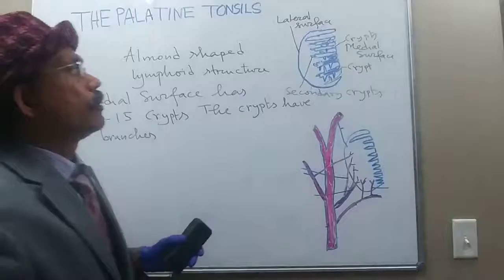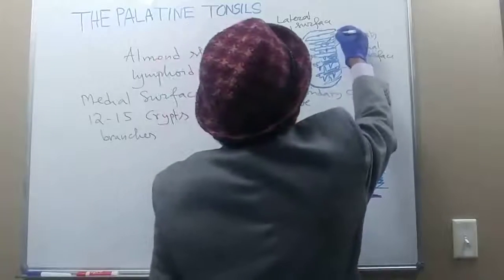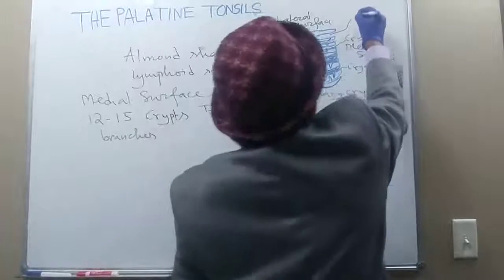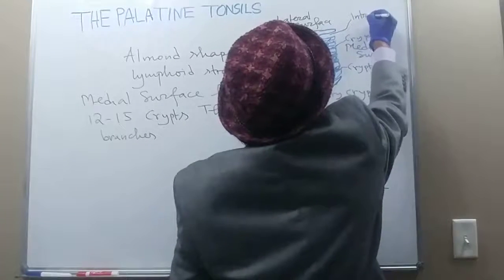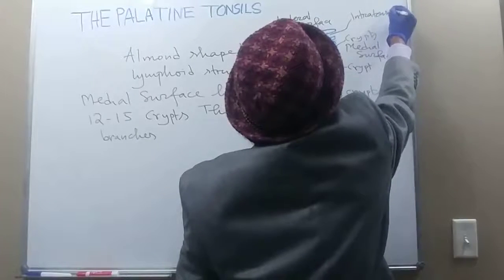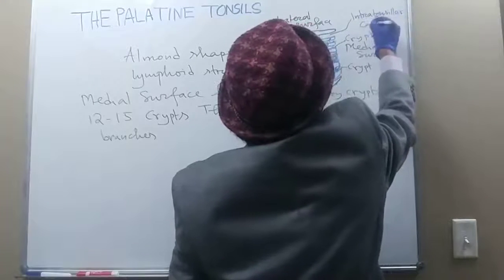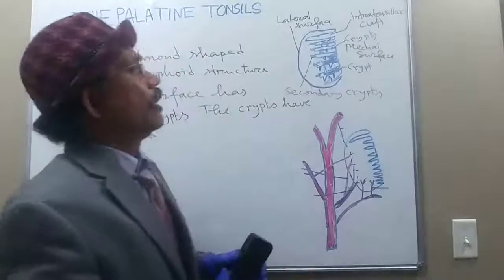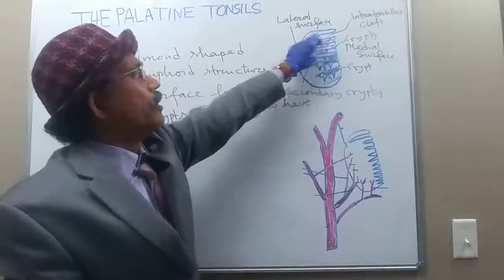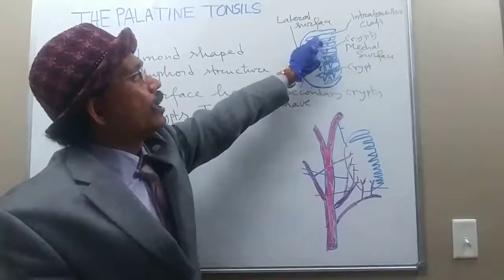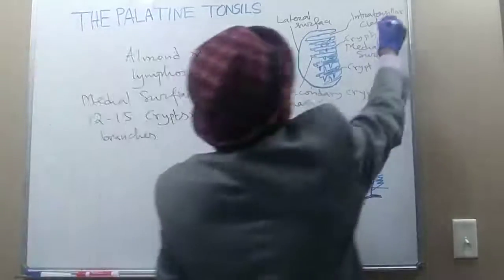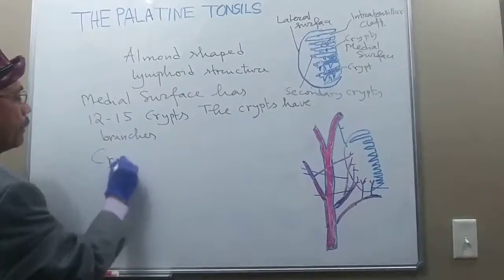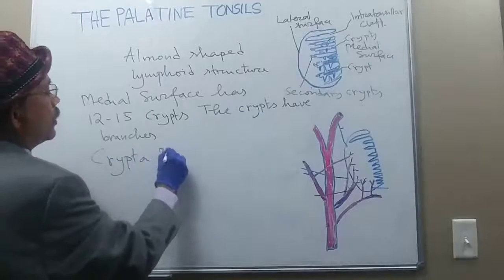It is called the intratonsillar cleft. That is the largest of all, a very large crypt. It is also called the crypta magna.